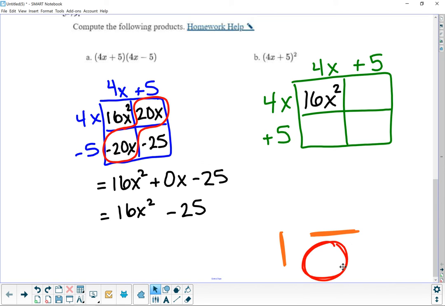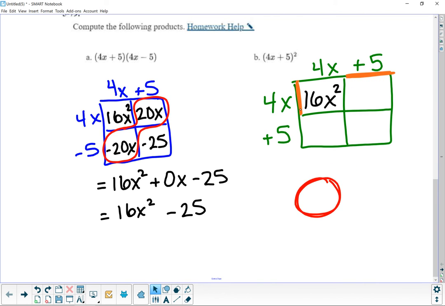Okay. If I want this next piece right there, I need to utilize the length and the width. And the length is 5, but the width is this right here. But then, you see, it measures out 4x. So we need to go 4x times 5. So first, 4 times 5 is 20. And then there's only one x, so we're going to put an x there.